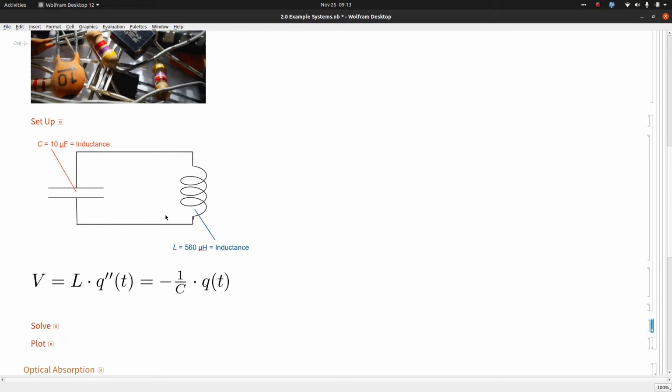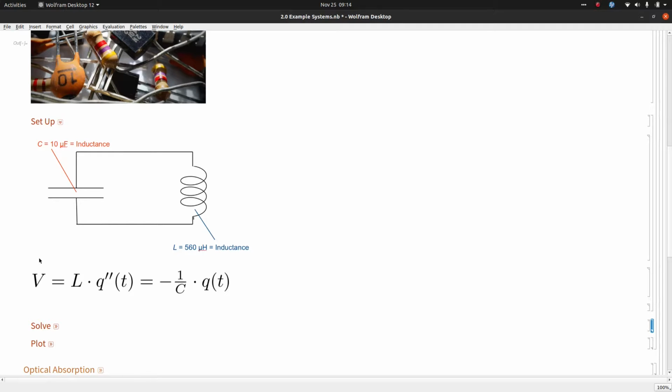Now, you might be thinking this is very different from a spring equation. We're going to have to deal with voltages, not forces, but if you look at the voltage changes around the loop, you get an equation that looks like this.